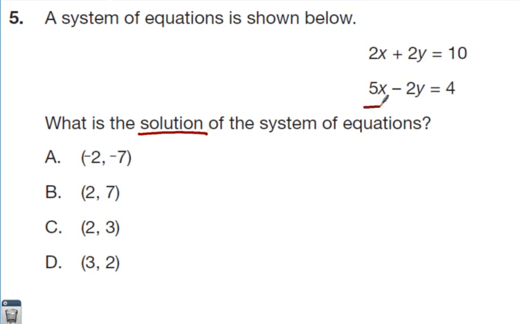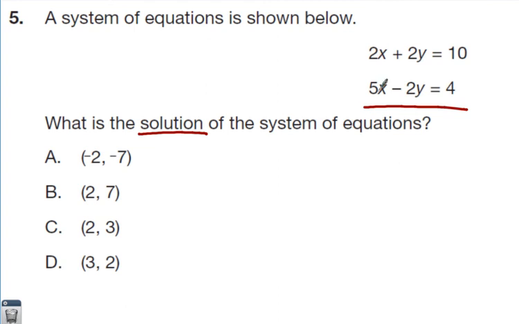Now I hope when you see this, you see that everything's lined up. And not only that, you see that the y's are already perfect opposites. So if we do the elimination method, which I call the addition method, it's perfect. We can add these equations together right away because there are already opposites that are going to cancel out.